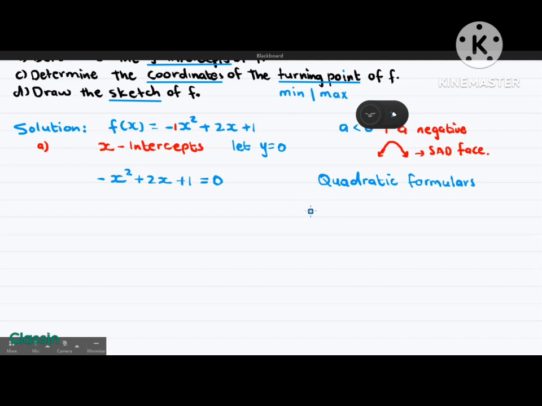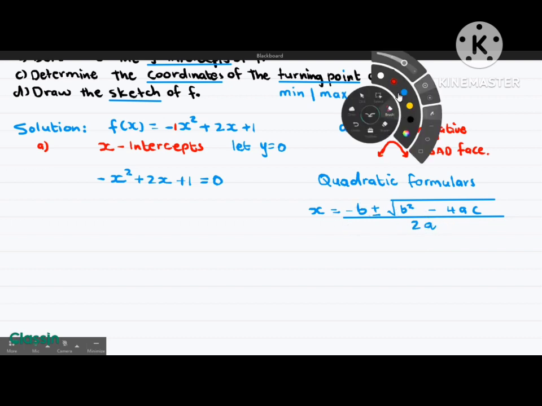The quadratic formula is given by x equals minus b plus or minus the square root of b squared minus 4ac, all divided by 2a. So this is our quadratic formula.